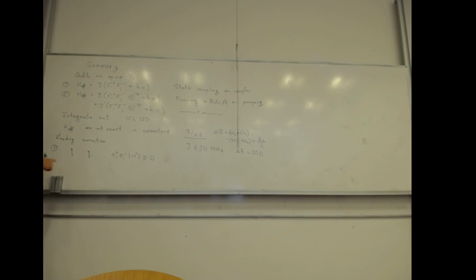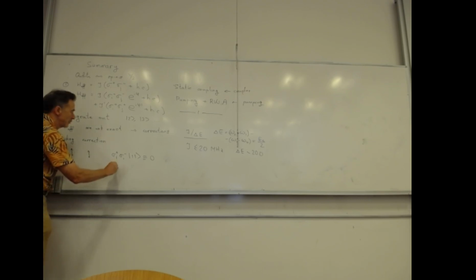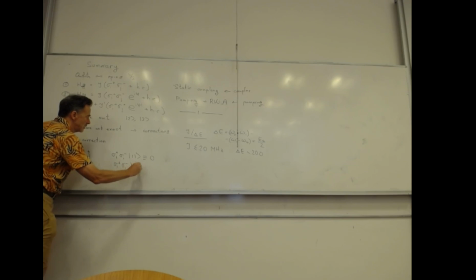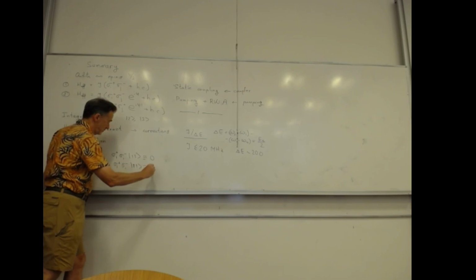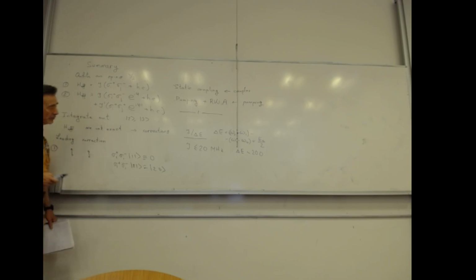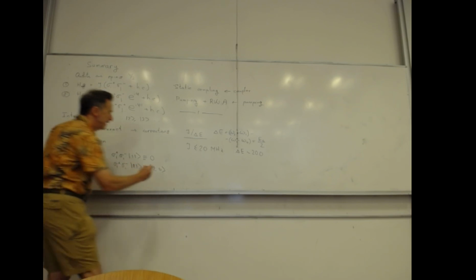However, because they're not real spins, we can have a process in which we go from this configuration to the state 2, 0. And of course it's out of our Hilbert space, so we're going to integrate this out.